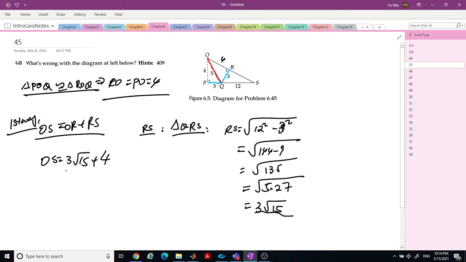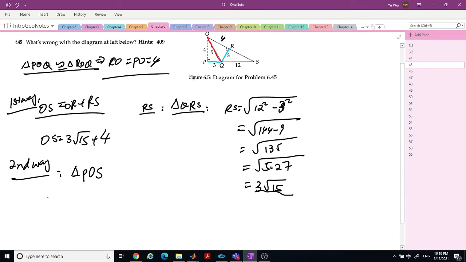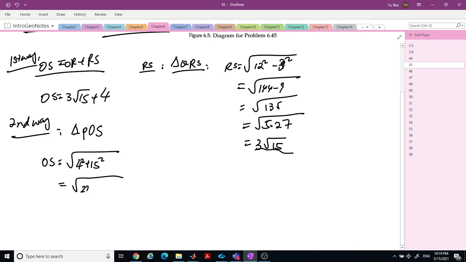Now let's use the second way. We have the right triangle POS, right? So now you know OS is also equal to the square root of 4 squared plus 15 squared.